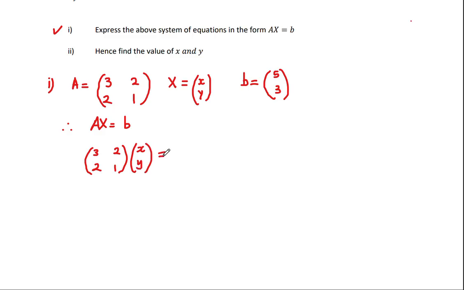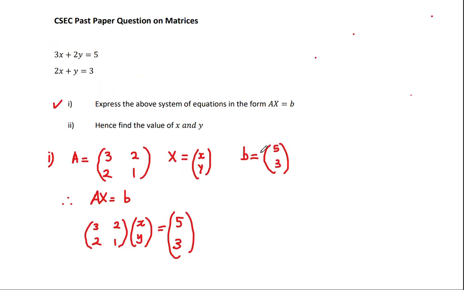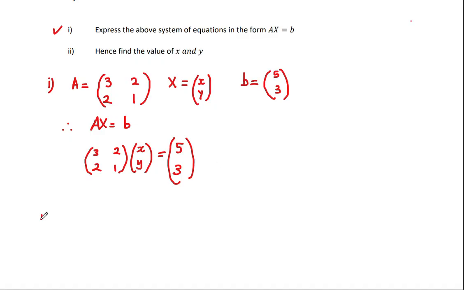And this is equal to B, which is the constant equivalent values, 5, 3. So that completes part 1, where we have written the system of equations in the form AX equals B.